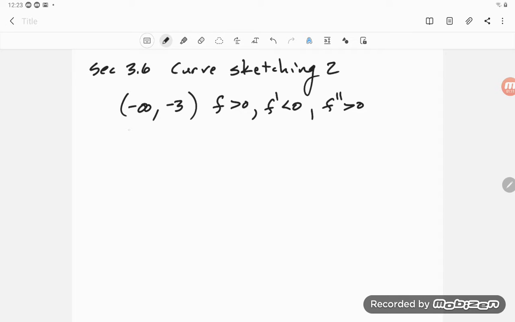And then on the interval from -3 to 2, we're told that f is less than 0, and f prime is less than 0, and f double prime is greater than 0.